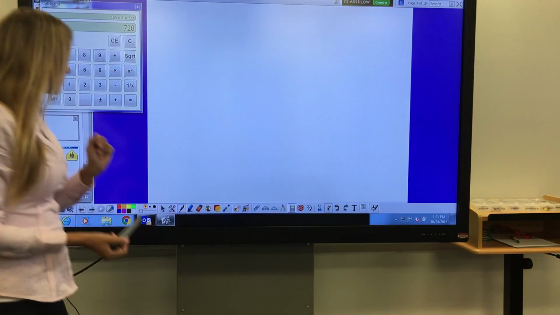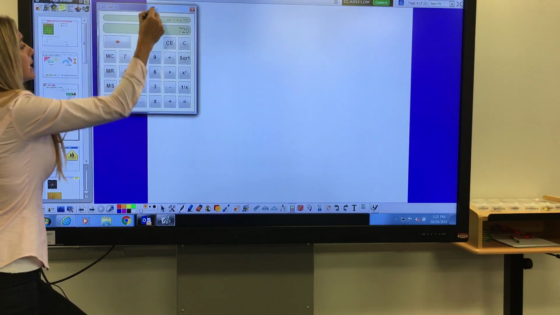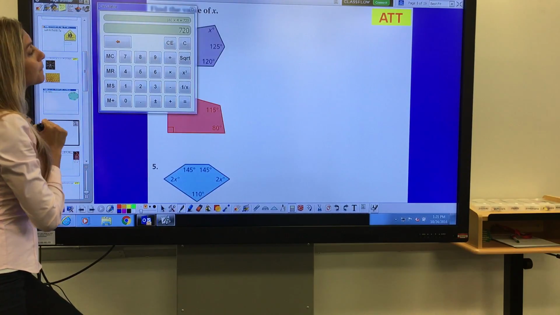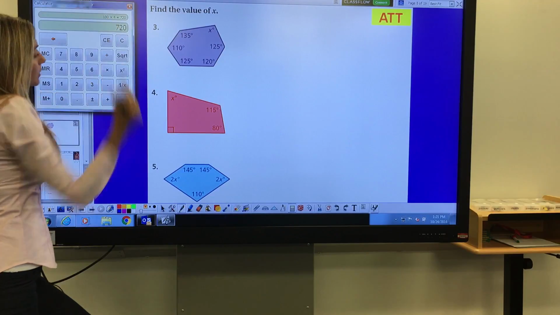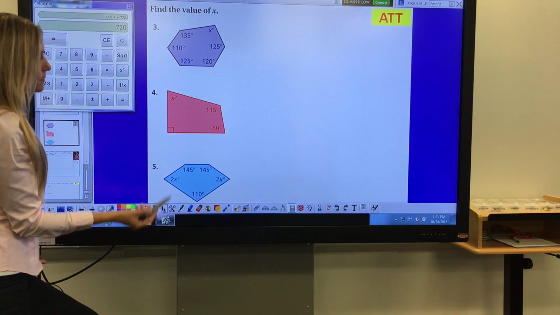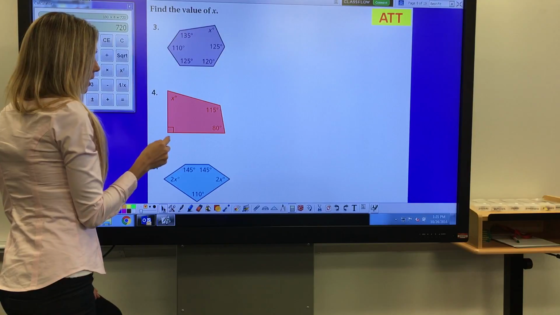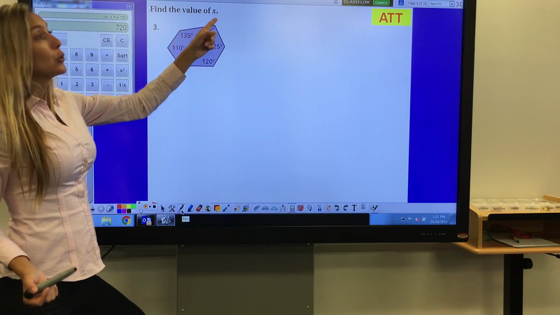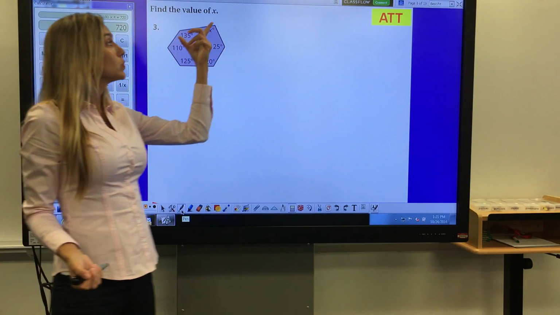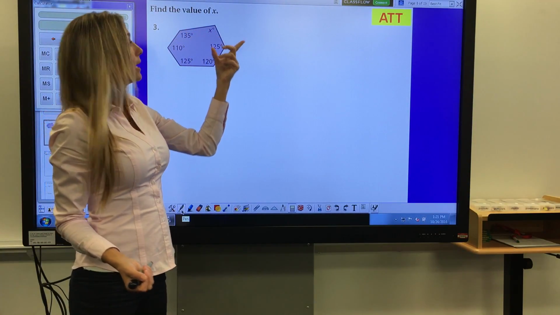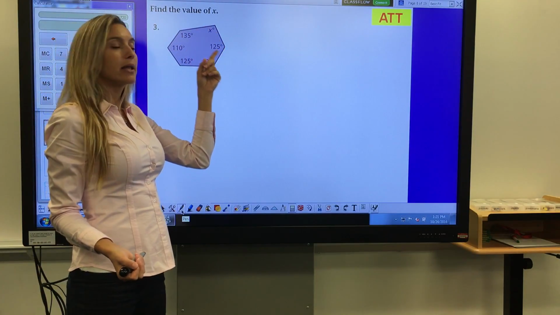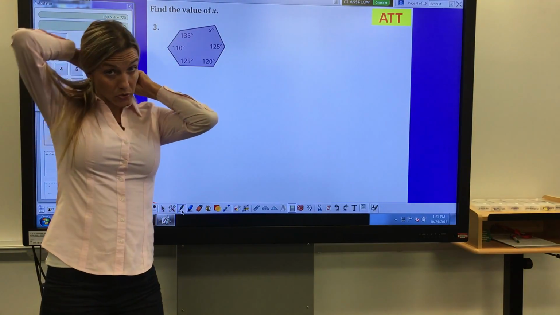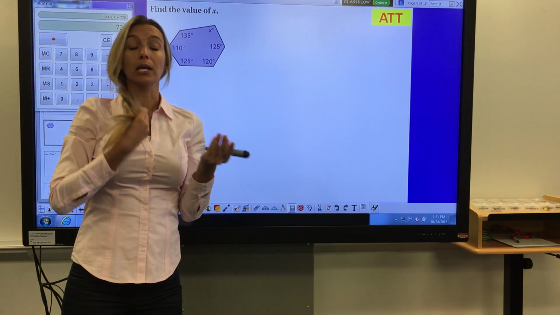Let's solve some problems because they're going to be a little funky. Let me pick a nice one. Imagine that you have a polygon, and let's start just with the top number. Find the value of x. Well, if this was a triangle, I would take the three angles, add them up, and make it equal to 180. The problem is this is not a triangle, so I cannot make it equal to 180.